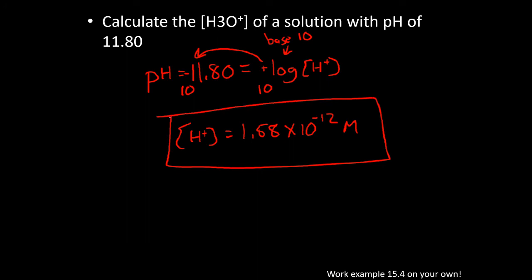If you forgot the negative there, you would get 6.3 times 10 to the positive 11, which, I don't know, that might be even more concentrated than a neutron star. That is, as far as I'm aware, physically impossible to have a molarity that high. Maybe a neutron star could, but nothing else. Other than black holes, I guess, but those are infinitely dense.